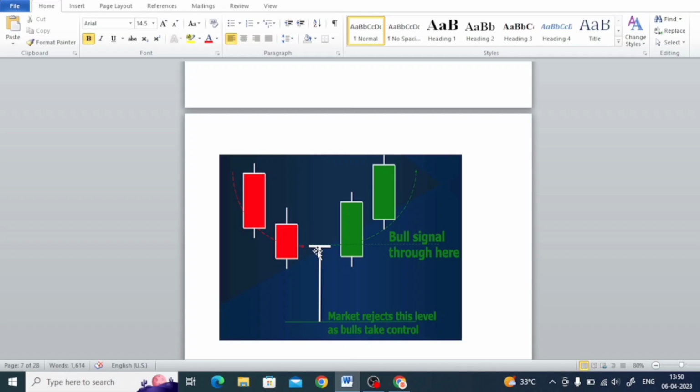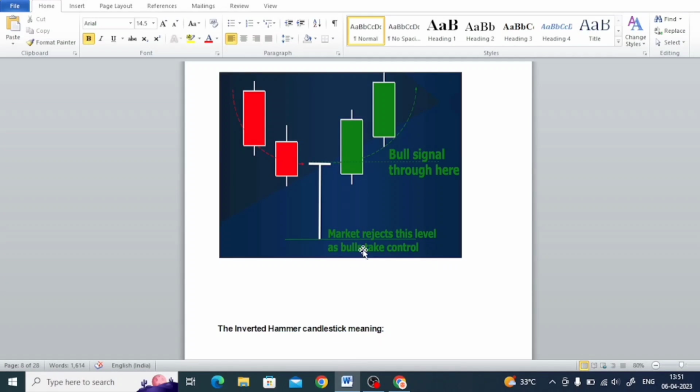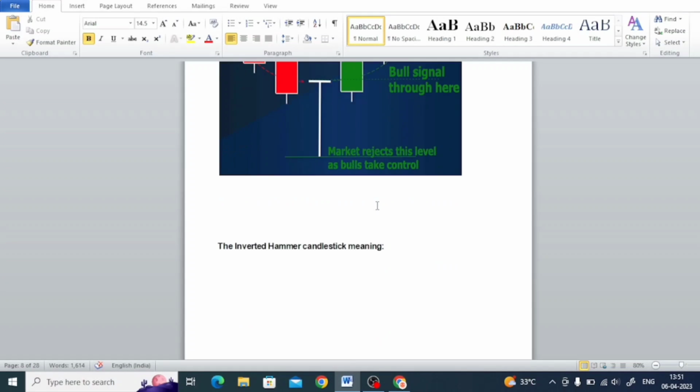As with the hammer candlestick, a close above the dragonfly doji high is required in the next 1 or 2 candles in order to confirm a reversal of the prior downtrend. This is the place the market rejects this level as bulls take control. The bull signal is here.